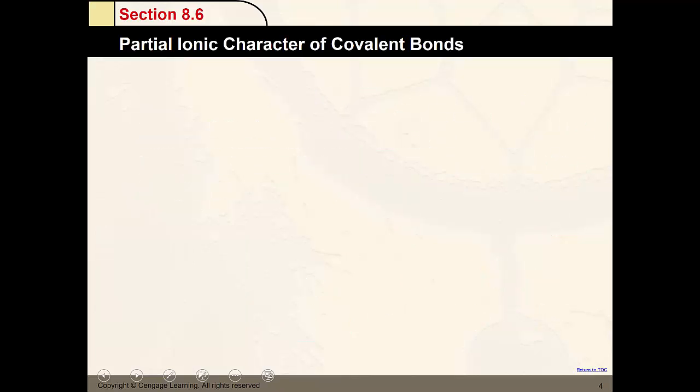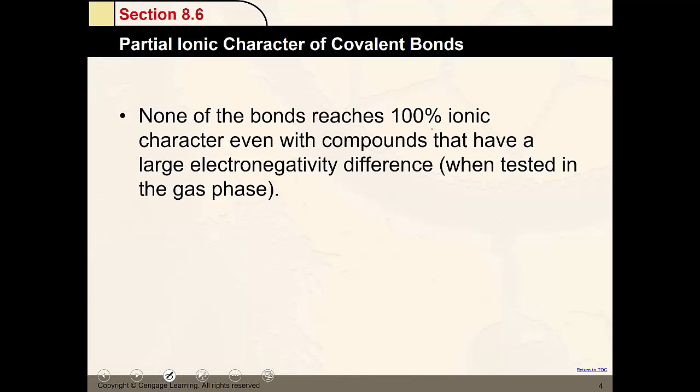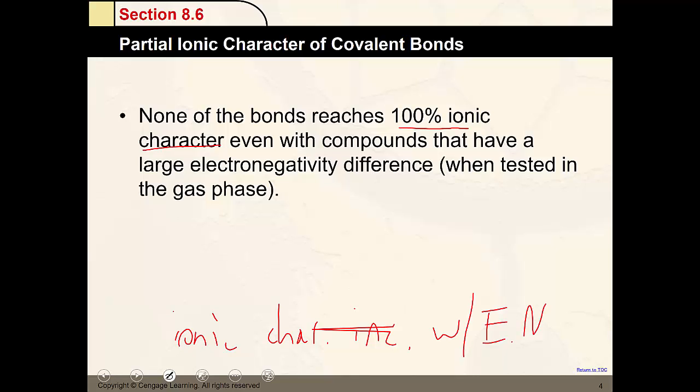So no bond reaches 100% ionic character, even if there's a large electronegativity difference. Just know that ionic character is directly proportional, increases with the electronegativity difference.